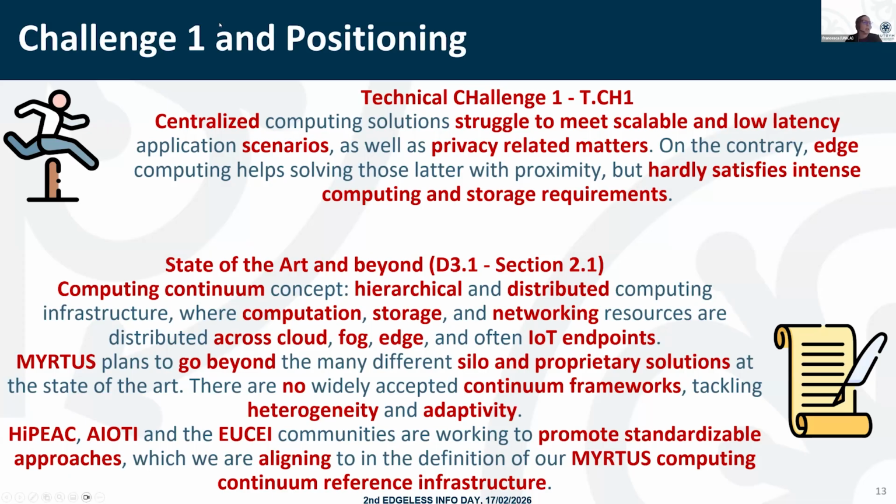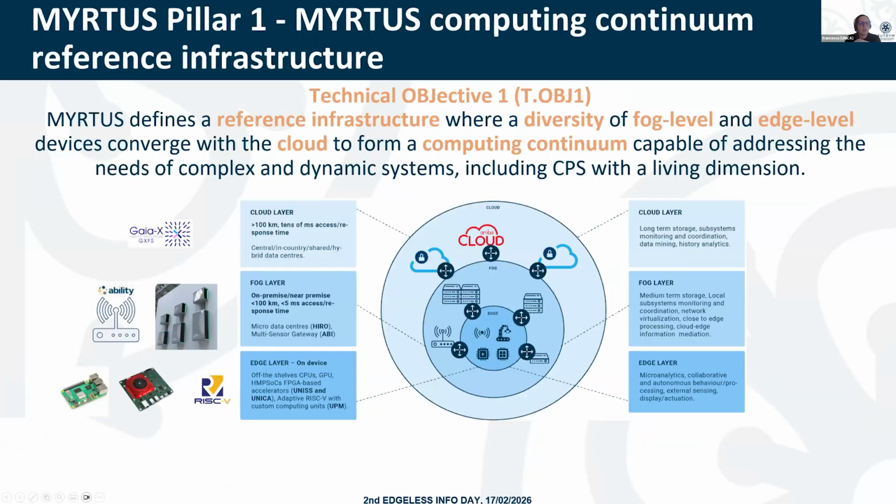EUCHE. In MYRTUS, what we are doing is defining this infrastructure that is composed of a heterogeneity of computing resources that spans from edge to cloud, and that also includes application-specific accelerators at the edge. So all the nodes that we are considering are highly heterogeneous and highly customizable.